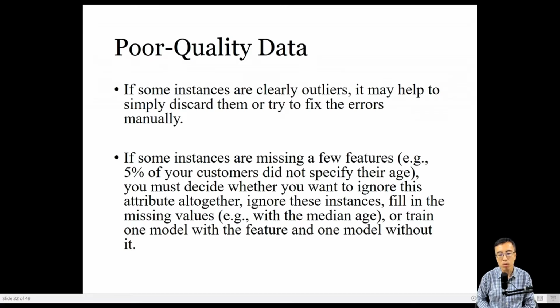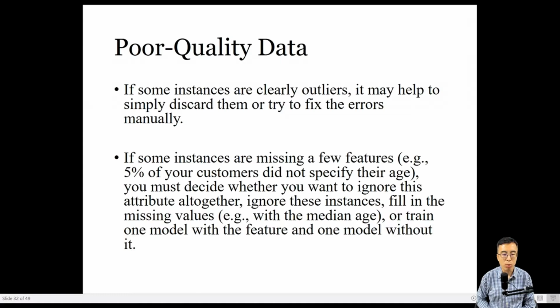For example, do you want to ignore those attributes altogether? Or do you want to get rid of those instances with missing values? Or do you want to fill in the missing values? For example, filling the missing values with the median or average age.